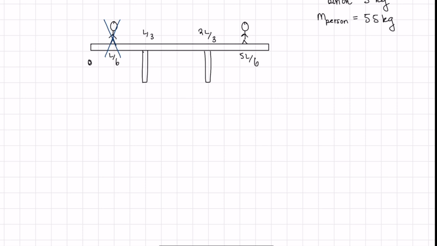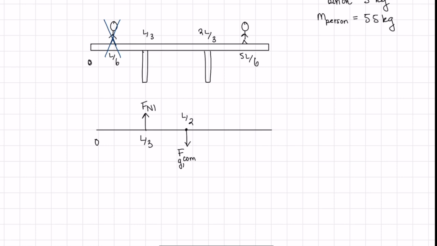Okay, so we're going to have just a straight line. We're still labeling this end as 0. We'll have a normal force from the one leg that I'll call Fn1, located at L/3. We'll have the force of gravity from the center of mass, Fg center of mass, at L/2.